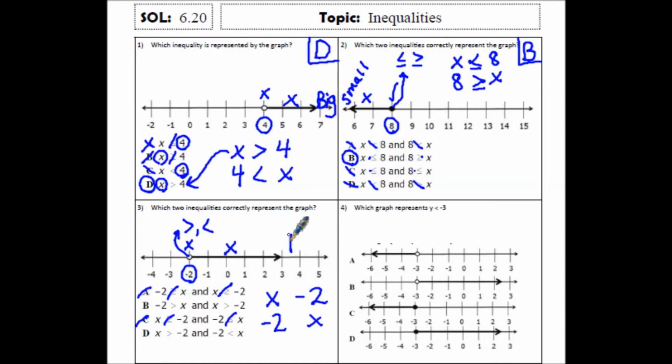And if we look at x, x is pointing to the bigger side of negative 2. So x is going to be greater than negative 2, or negative 2 is going to be less than x. So here we see that negative 2 is the bigger one, and here x is the bigger one. In D, we see that x is bigger in both situations. So D is actually saying the correct inequalities.